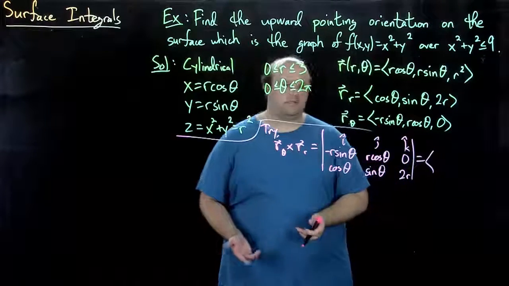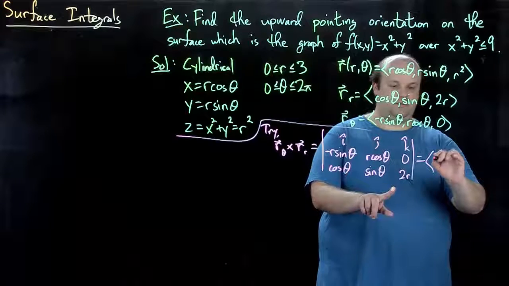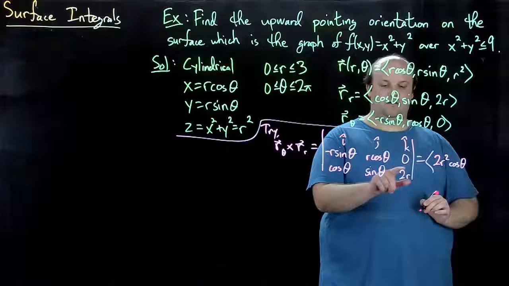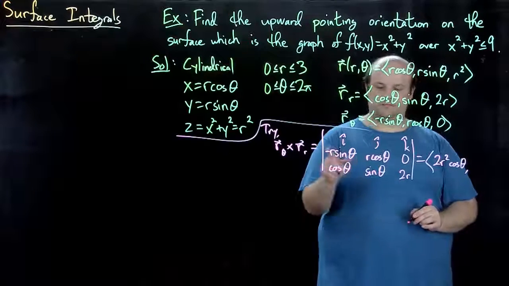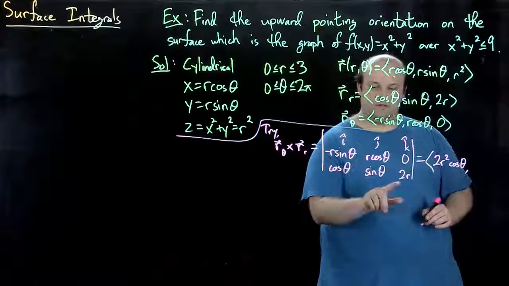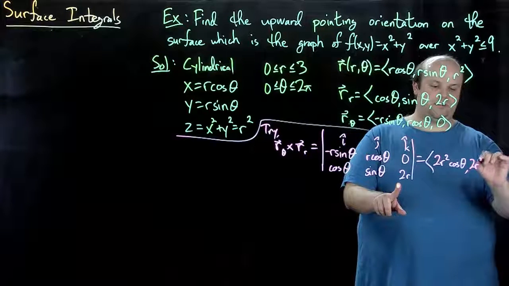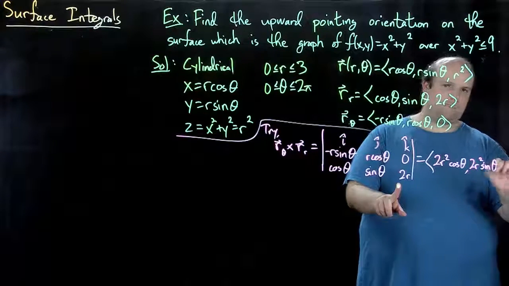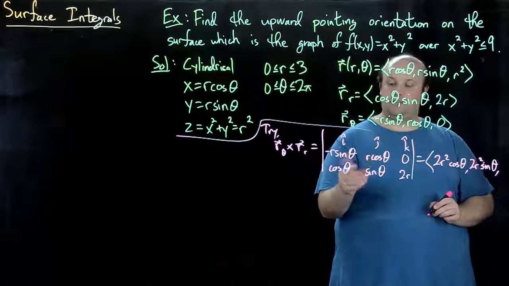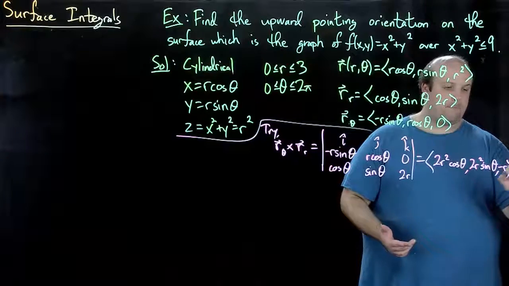All right, so if we compute this cross product, we get 2r squared cosine theta, minus 2r squared sine theta, and if we do this, we just get minus r.